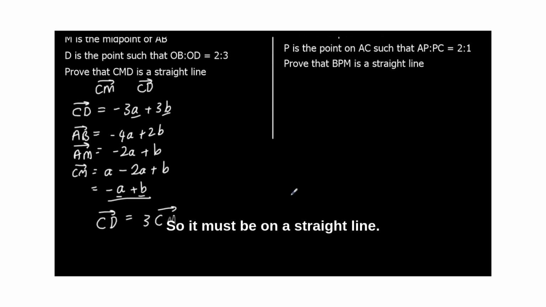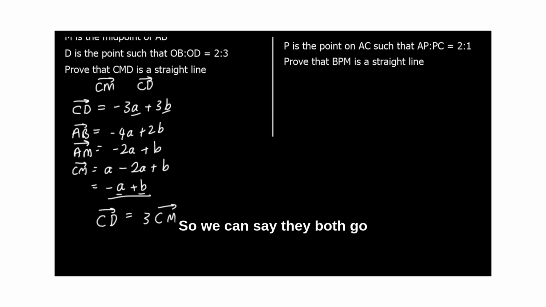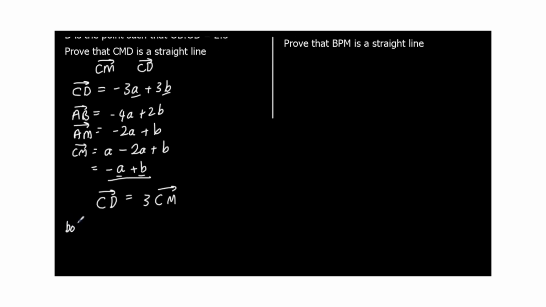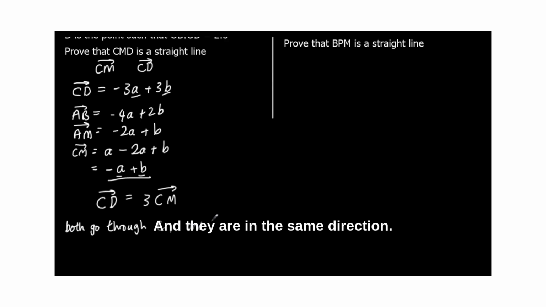So it must be on a straight line. So we can say they both go through C and they are in the same direction. Therefore, it's a straight line.